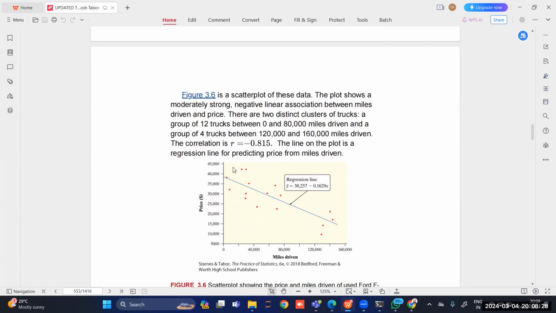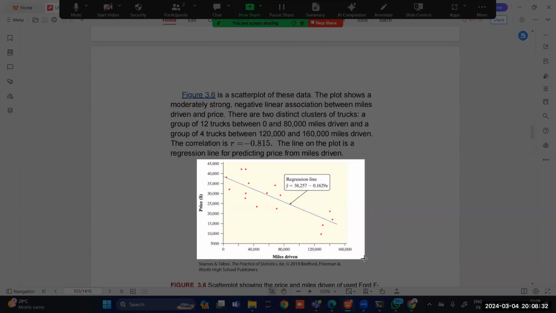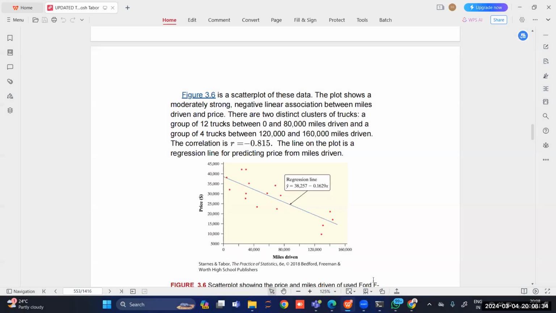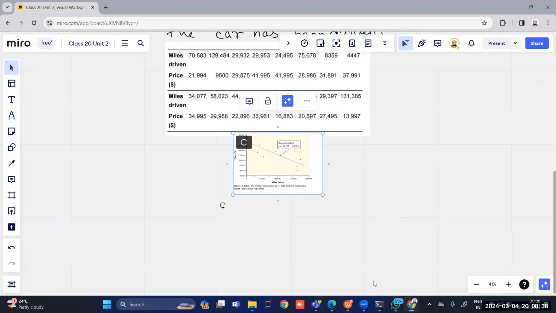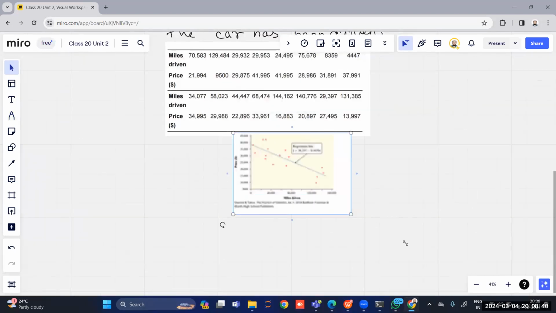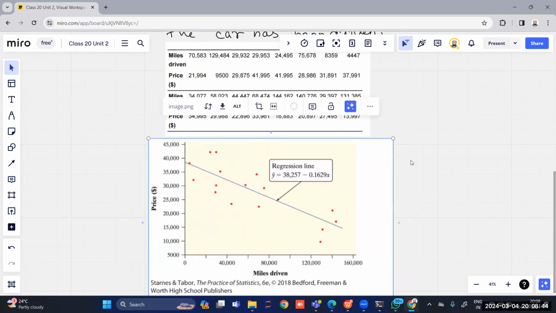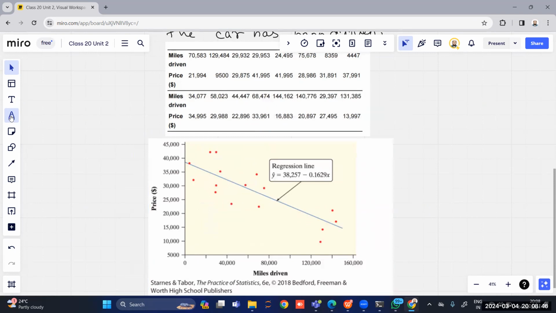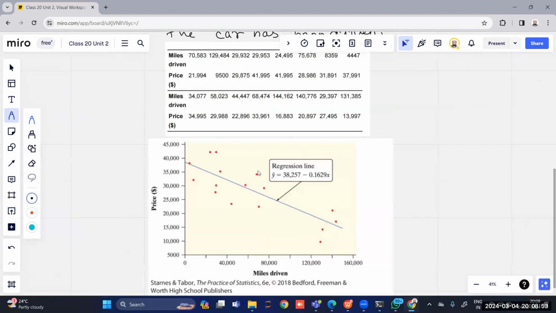See, there's a negative correlation, yes? The correlation value was around minus 0.85. So it is a strong negative correlation.